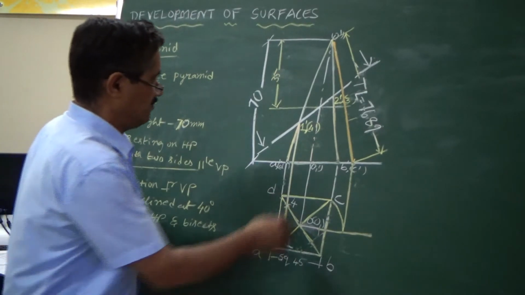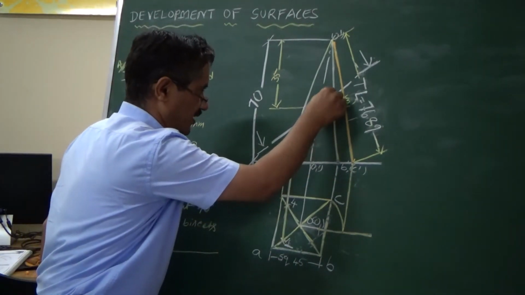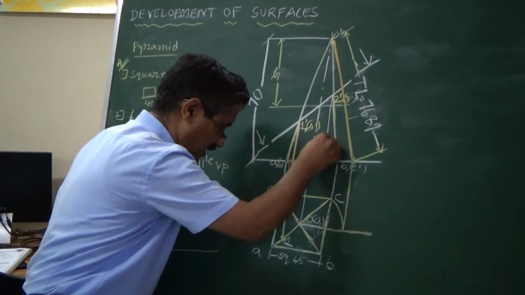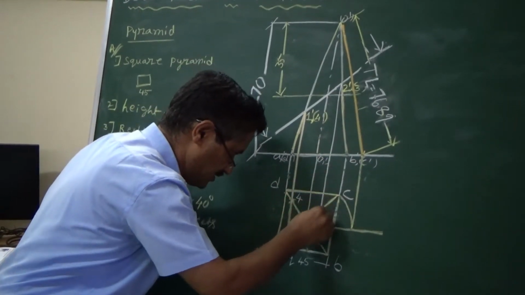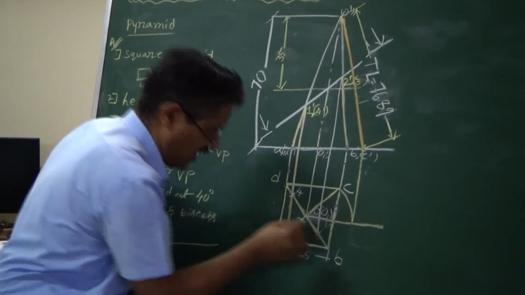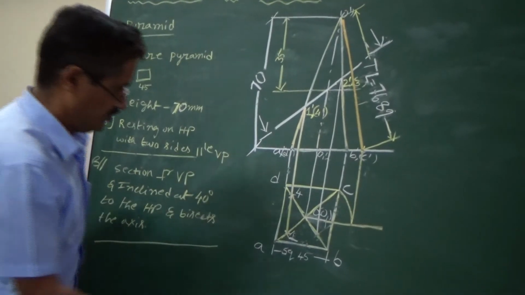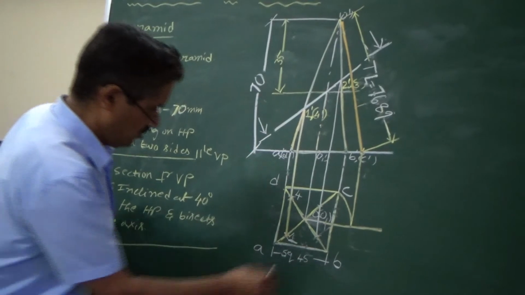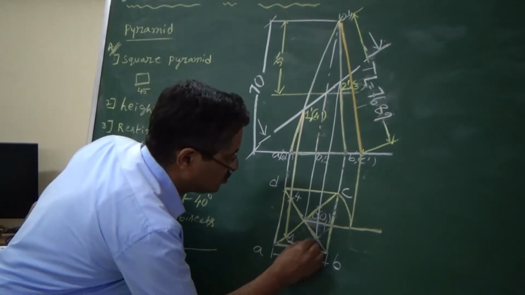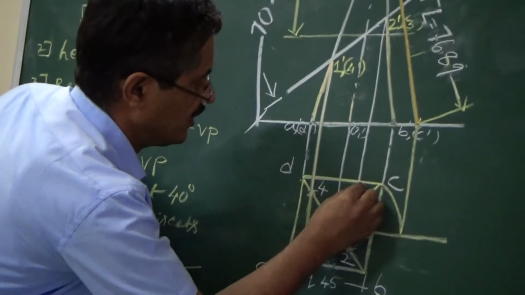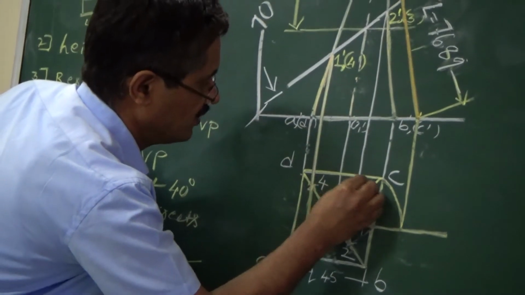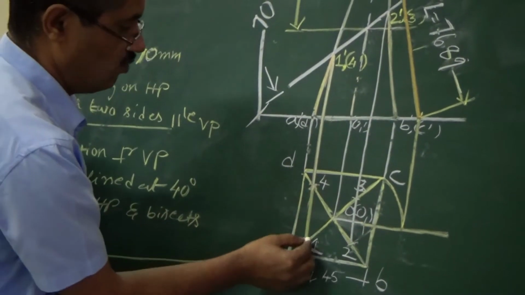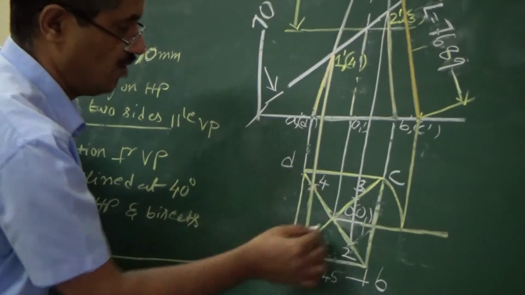Now similarly, when I draw this point, I can get 2 more points here, which are cutting the slant edges. Which are those points? One is this and the other one is this. So this point is 2 and this point is 3, which is invisible. Now I get 1, 2, 3, 4 in the top view.